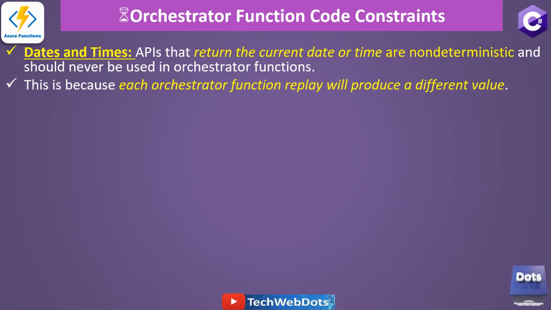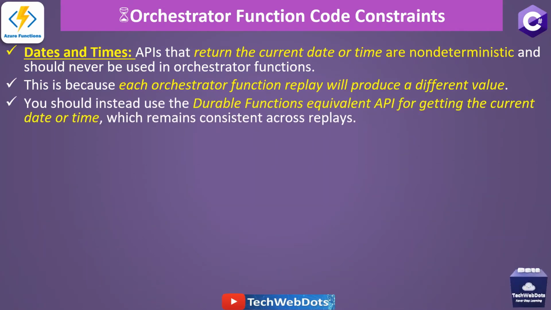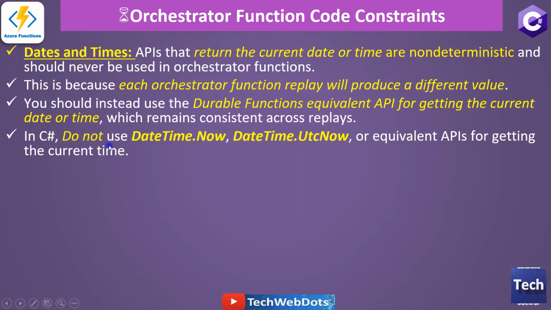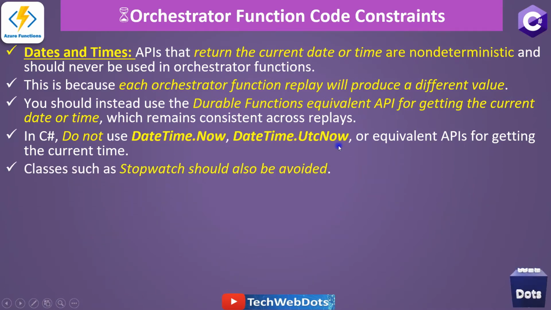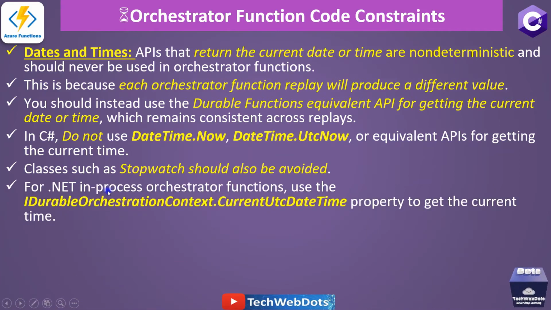This is because orchestration function replay will produce a different value. You should instead use the durable function equivalent API for getting the current date or time, which remains consistent across replays. So in C Sharp, we should not use DateTime.Now or DateTime.UtcNow or an equivalent API for getting the current date time.